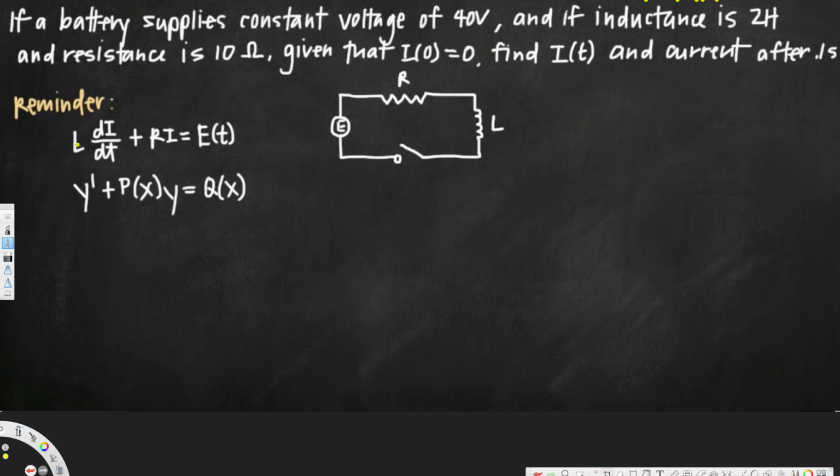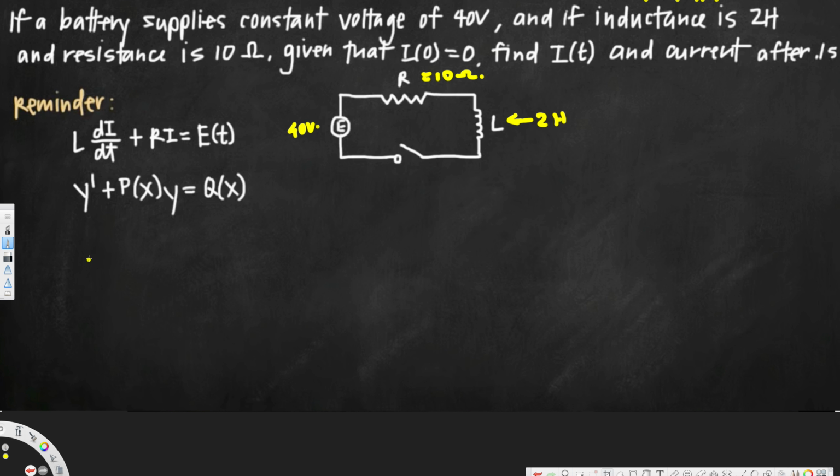L represents the henries, that is the inductance, and that's provided, that is 2 henries, and also we have the resistance provided, that is 10 ohms, and here this E represents the voltage that is provided right here, that is 40 volts, and we have all the information, so we can go ahead and plug it in this equation.